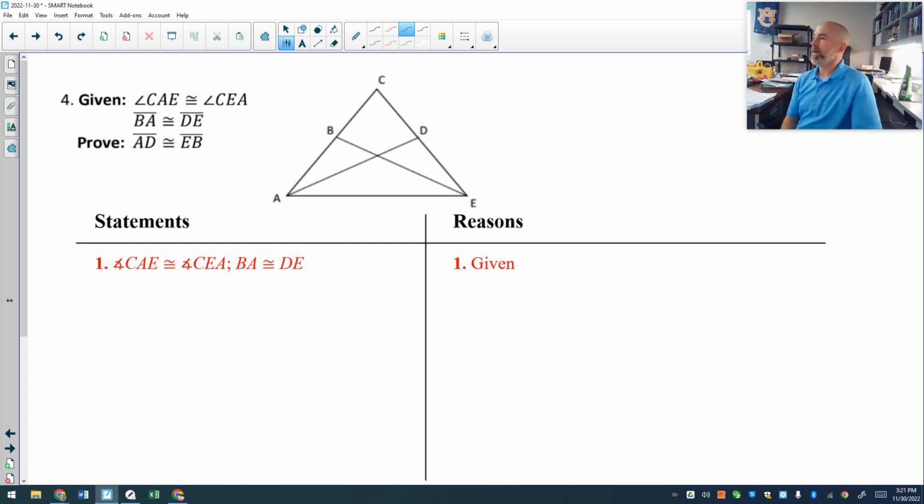All right, so first thing, let's make note of what's given. CAE is congruent to CEA. That's this big angle here. BA, that's this little piece, and BE, that's this little piece.